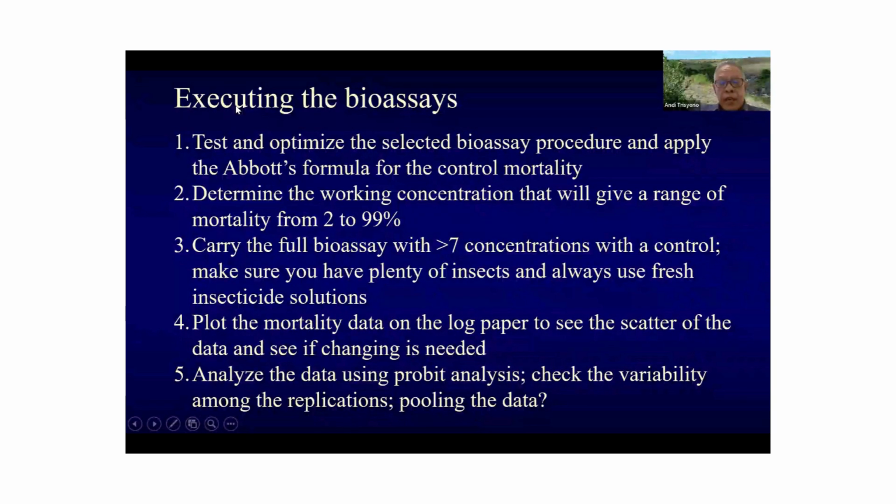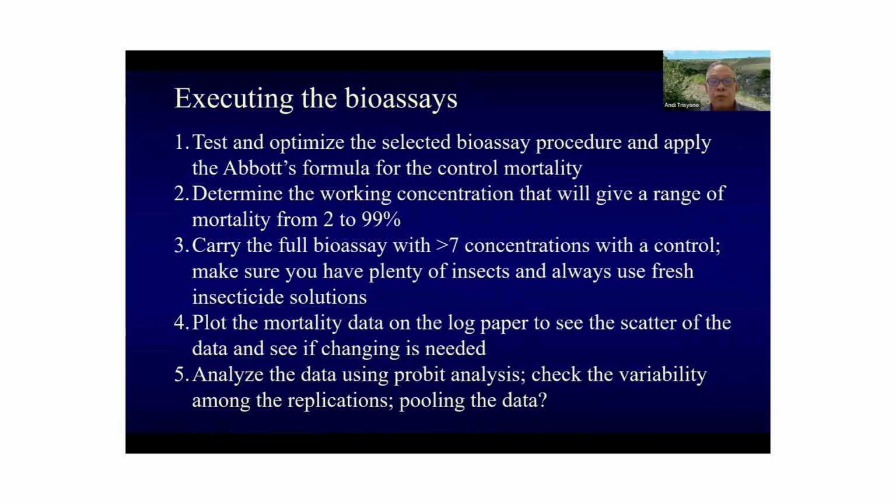The next is about executing the bioassay. I think it's very important for us to optimize all the bioassay procedures before we start doing the full bioassay. What I mean is that please work with your control until you get very small mortality in the control.